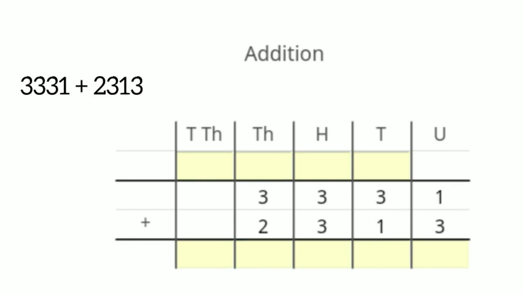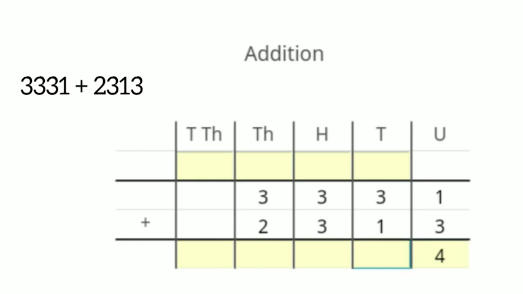One more example. 3331 plus 2313. We will arrange all the digits at their places and solve the sum from the right side, from the unit place. So 1 plus 3 is 4.